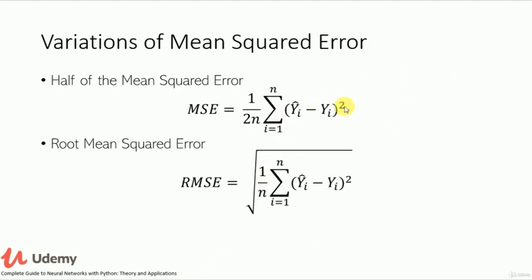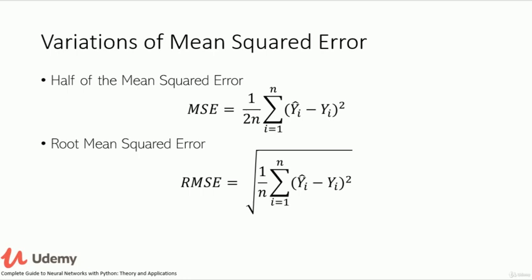When you derive this equation, the 2 comes down and cancels with this 2. So this whole term, 2 divided by 2, just gets removed, and you end up with 1 over n and your error. That's the purpose of using half of the mean squared error: to not affect the error when deriving it. But from my experience, it's not really going to matter. The results might differ, but it's not that important to emphasize.